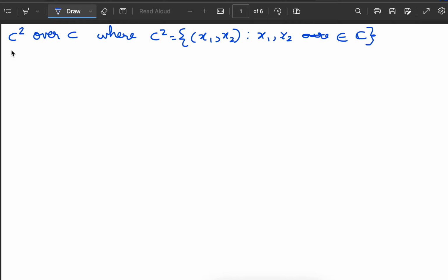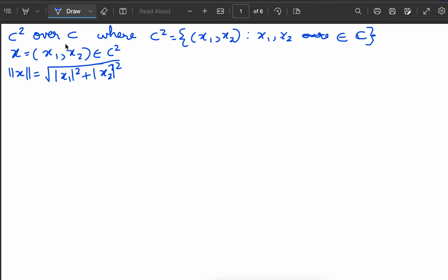Let's consider x equal to x1, x2 an element of C square. Then we define norm x as the square root of mod x1 square plus mod x2 square.